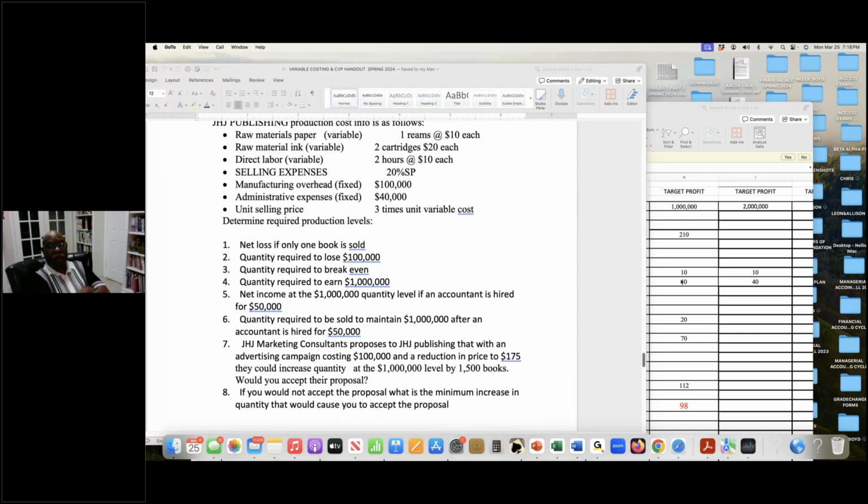But I expect everybody to be able to do the basics. Now, if I was to talk about break even and tell you to do this, that'd be one thing. But you've got formulas and you've got a spreadsheet. So there's no excuse why you should not be able to make an A. That'll be 20 points.